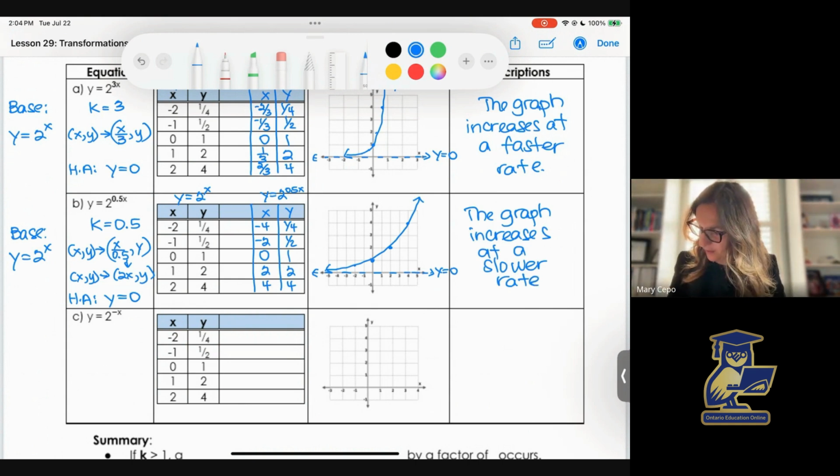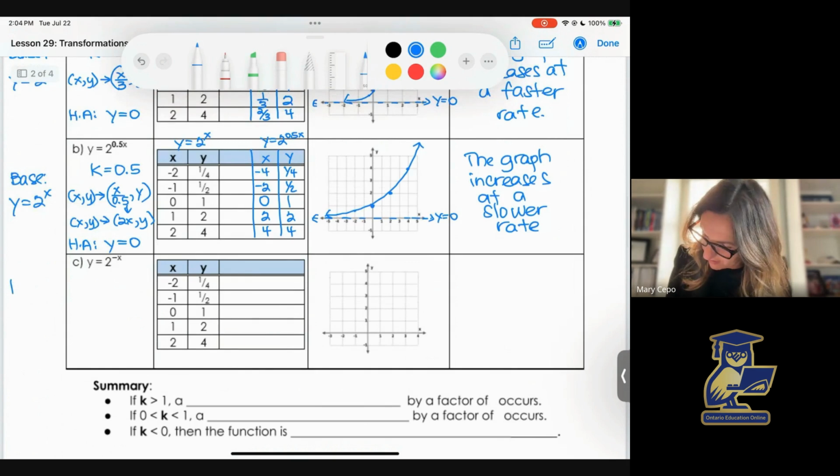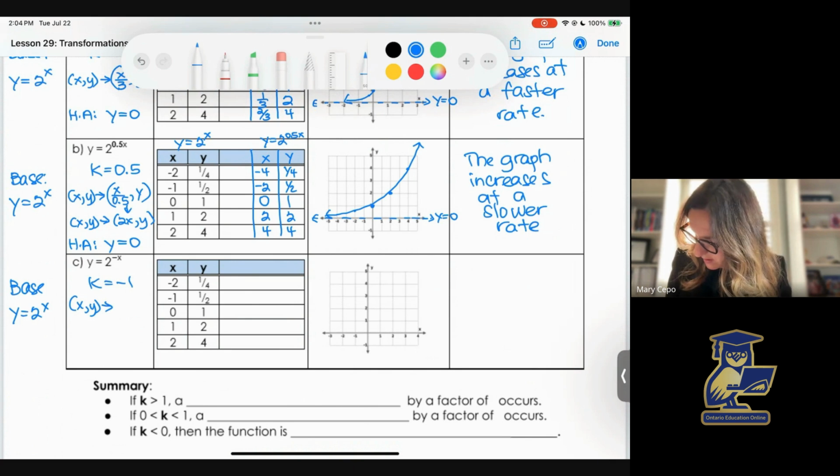Okay, now what happens when k is negative? So again, always start with the base. Our k value is equal to -1. Each coordinate will be -x and y. The horizontal asymptote is not impacted.